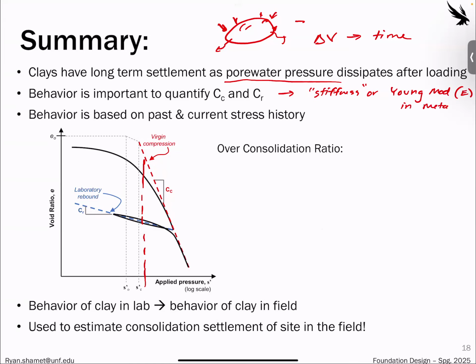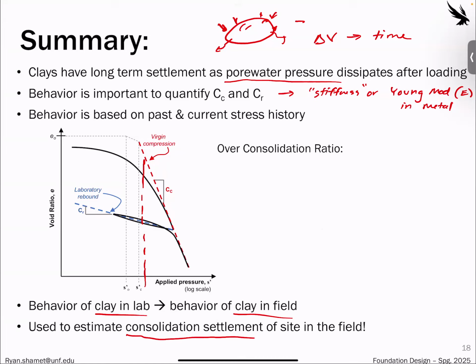So just how that value is important to estimate the behavior in metal, these values are important to estimate the behavior in clay. And the benefit of this is we can test the behavior of the clay in the lab to estimate the behavior of the clay in the field. And so if we can do this estimation, once we have these parameters, then we can estimate the consolidation settlement in the field before it actually happens, which is a really beneficial thing.